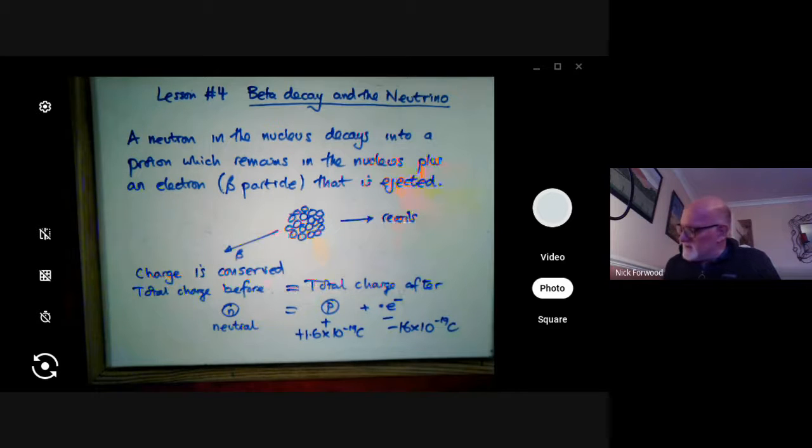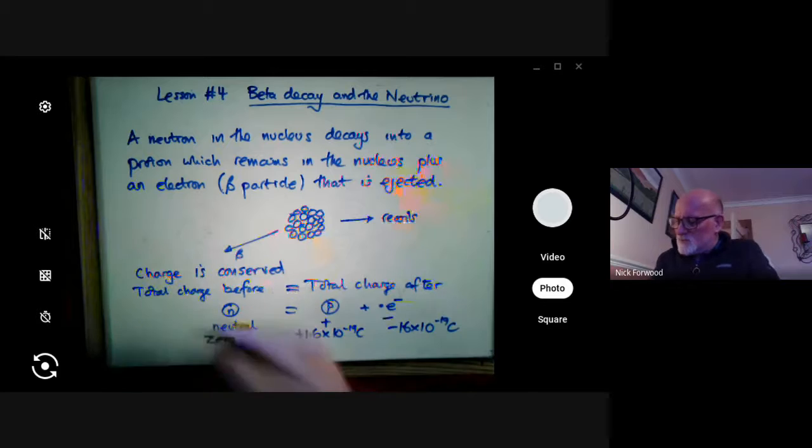And if you add these two charges up, you end up with nothing, which takes us back to this neutral or zero charge before. So we've got something called charge conservation in beta decay. So the charges before are equal to the total charges afterwards, and you can see that there.